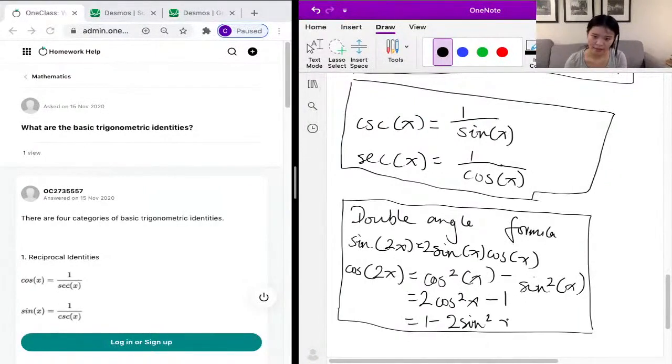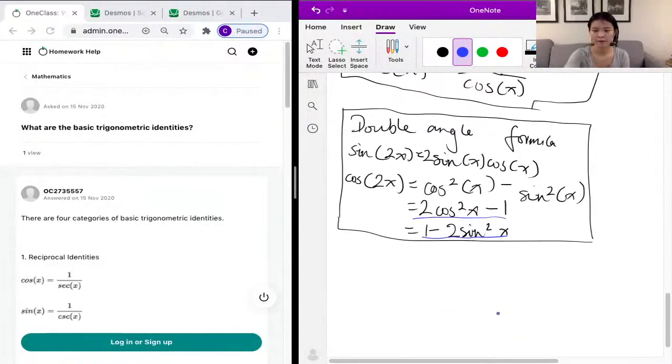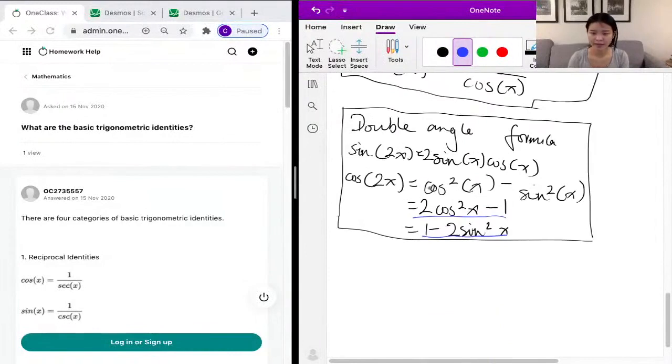It's really easy to mix up the order of these formulae, so you've got to be really careful of that. But these three are the most common formulae for cos 2x.